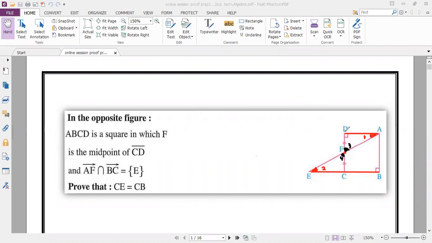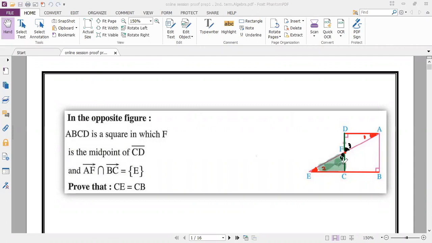And we have the length of this side DF equal to FC, because F is the midpoint. So the two triangles are congruent. I'm going to shade them. And because they are congruent, the sides are equal in length.